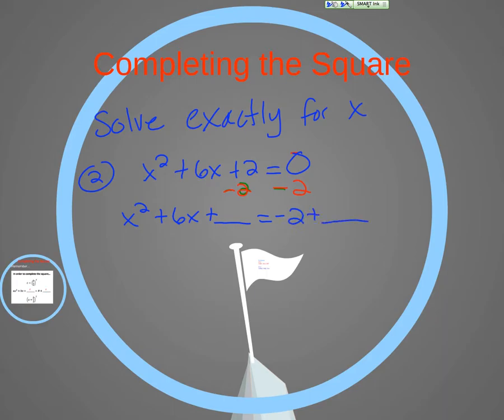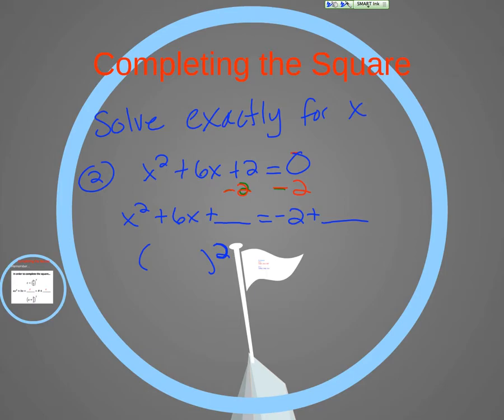Now I know that different teachers teach differently. I'm trying to make it as basic and easy for you to follow as possible. So you might have done it differently, but these blanks on both sides help keep everything in place. So now I have to come up with that number to put there that's going to make it so I end up with something like this on this side.